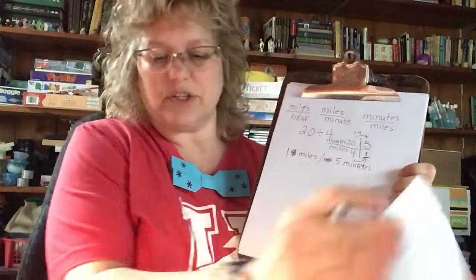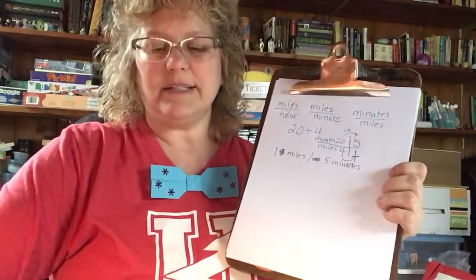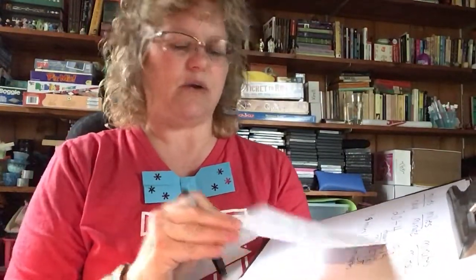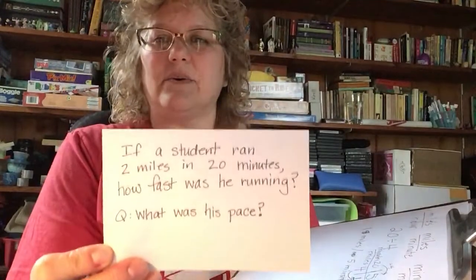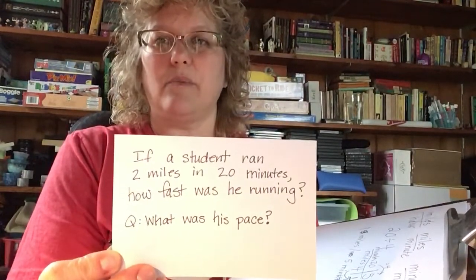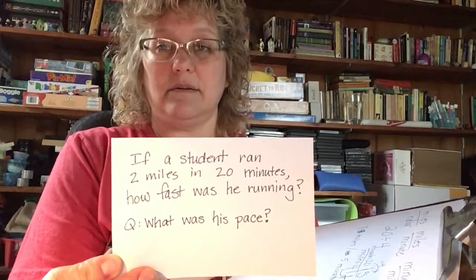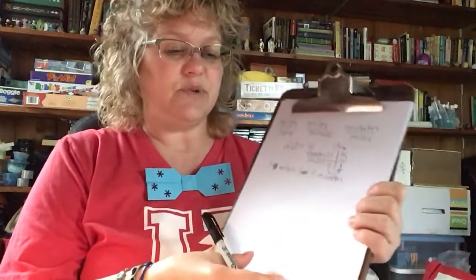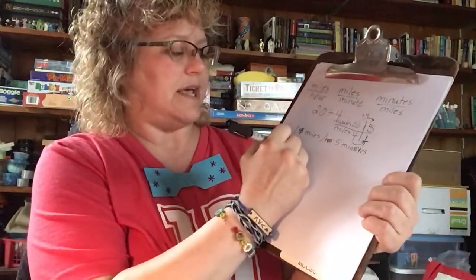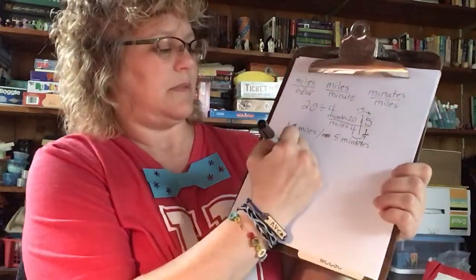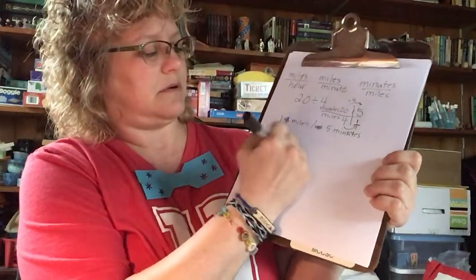The next question that we have to do, it says, what if a student ran 2 miles in 20 minutes? How fast was he going, or what is his pace? So again, there's the question. Pause the video if you need. All right. If a student goes, I'm going to use the same ratio table.